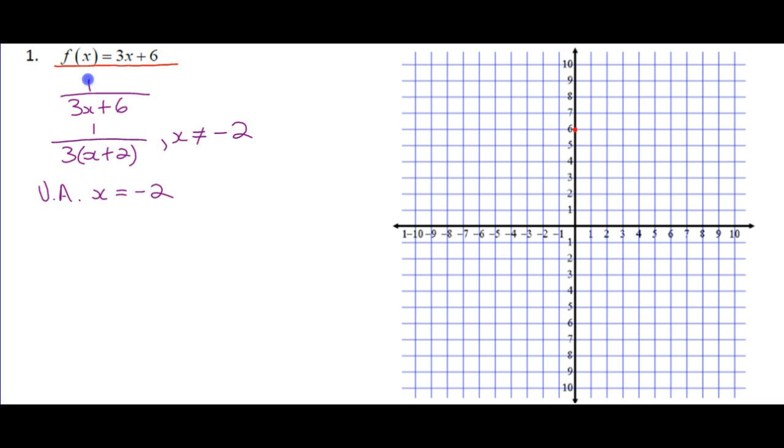So 1, 2, 3 up and 1 over, or 1, 2, 3 down and 1 to the left. I like to keep plotting points until I run out of room, which I have now done. So we can graph our original function.